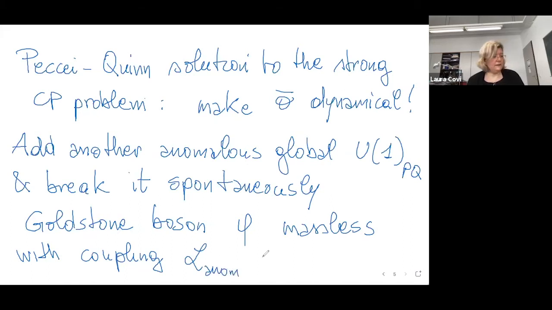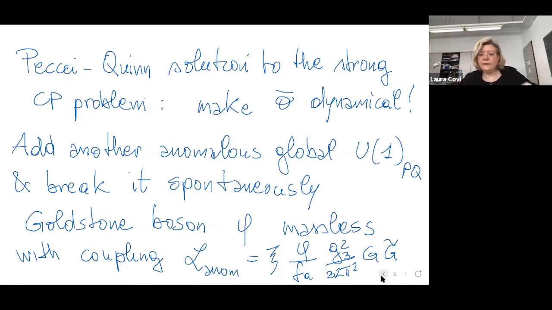And if you break the symmetry, this anomalous term will give you some coefficient, the axion field divided by some scale, which is the scale of the breaking of the symmetry, times again the same thing, G square over 32 pi square GG dual. So this is exactly the important thing: due to this additional U1 symmetry broken spontaneously, we also have an additional coupling. In this case, phi is a dynamical field, it's not a constant.